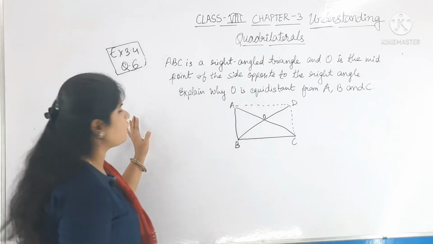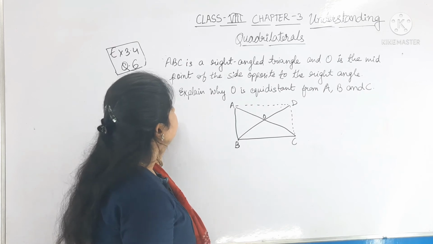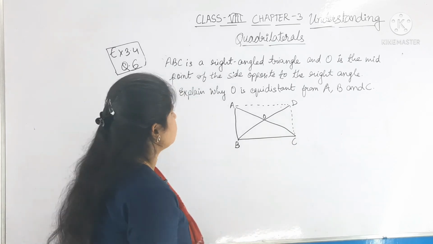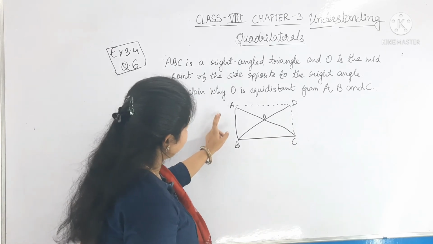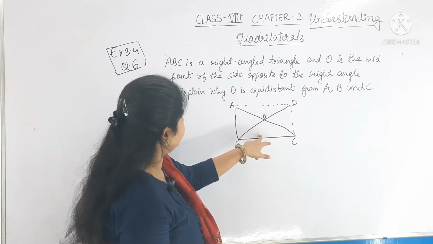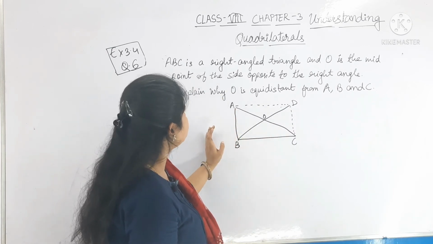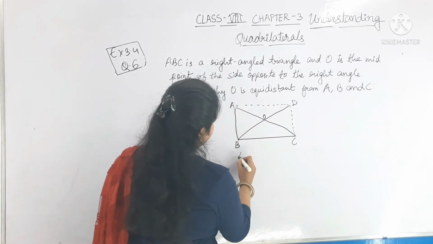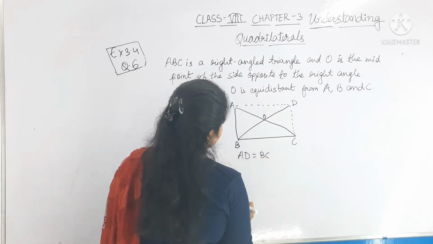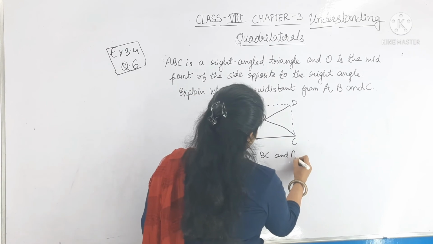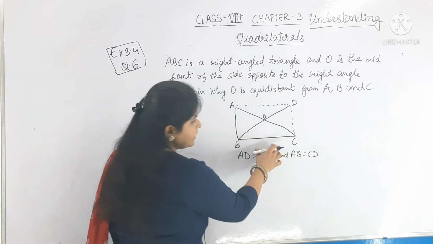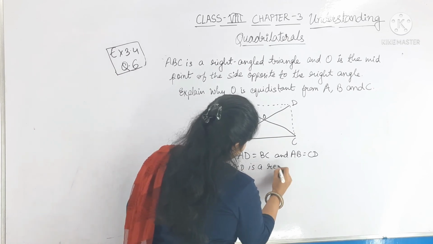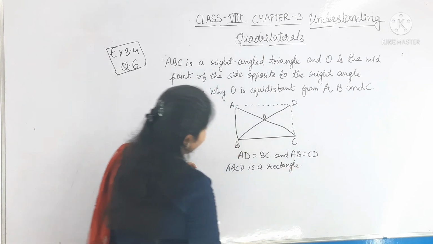This is the last question of exercise 3.4, question number 6. Here we have to explain why O is equidistant from A, B, C and D. Here ABC is a right angle, and O is the midpoint of the side opposite to the right angle. So we have to explain this. Here you can see that AD is equal to BC and AB equal to CD. ABCD is a rectangle. So these are the properties of a rectangle.